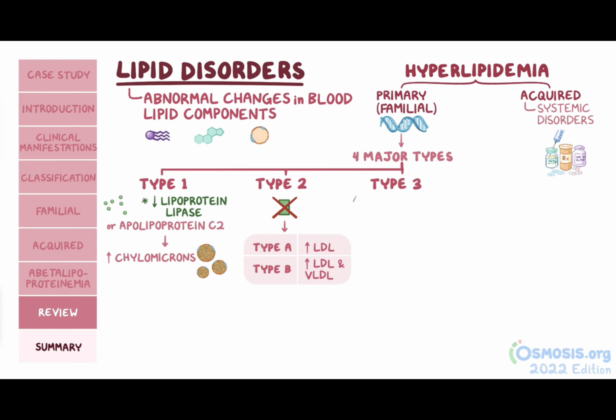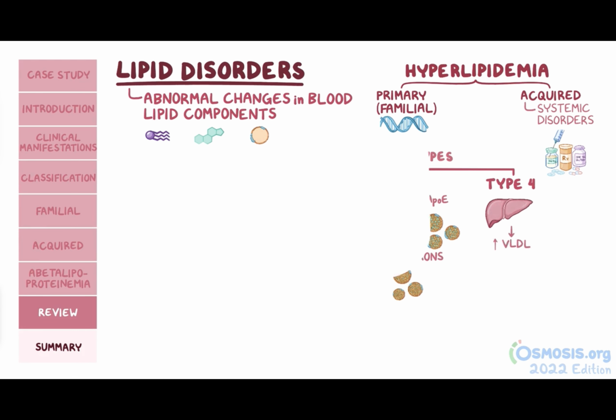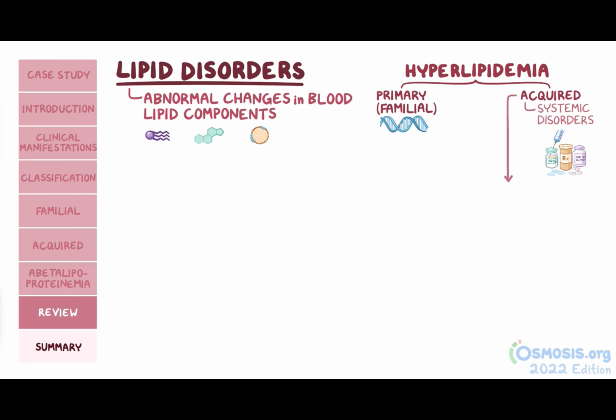Type 3 is caused by defective ApoE, leading to elevation of VLDL and chylomicrons. Type 4 hyperlipidemia is characterized by increased hepatic production of VLDL. Acquired causes include diabetes, hypothyroidism, and medications like thiazide diuretics.